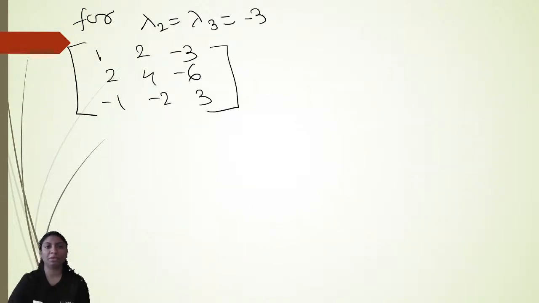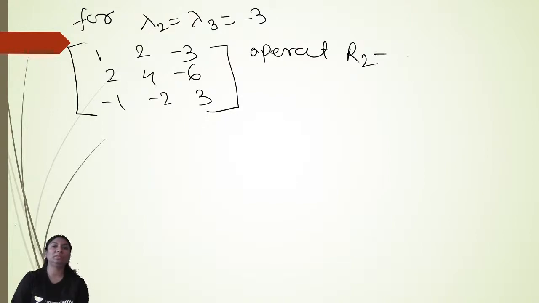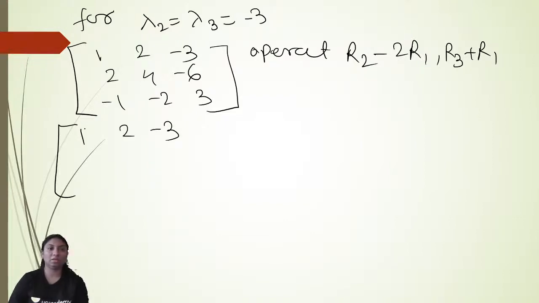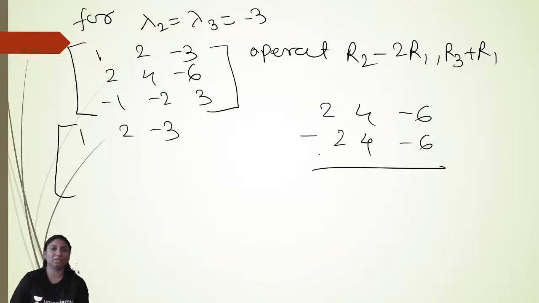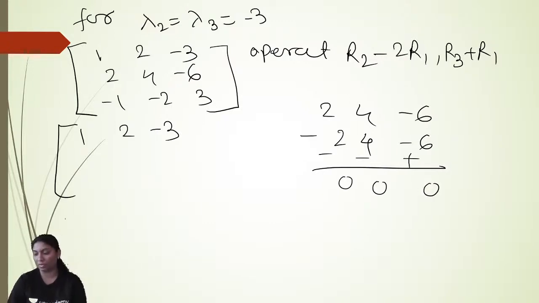For lambda 2 and lambda 3, we will find out the rank. Operate R2 minus 2R1 and R3 plus R1. So we get 2, 4, minus 6 minus 2, 4, minus 6, which gives 0 0 0.